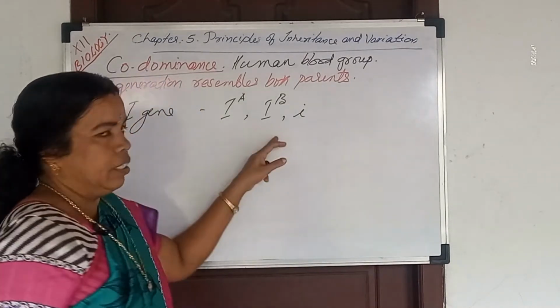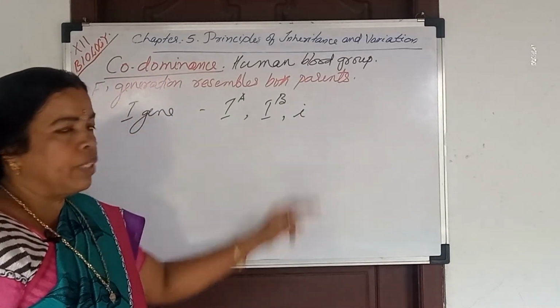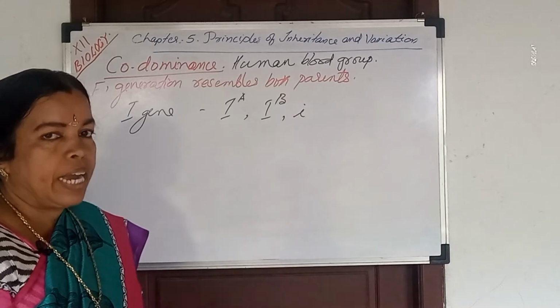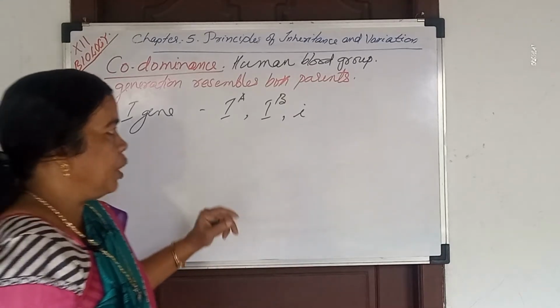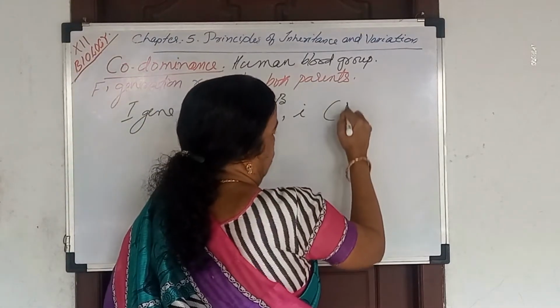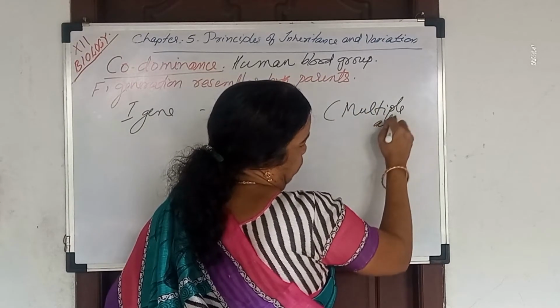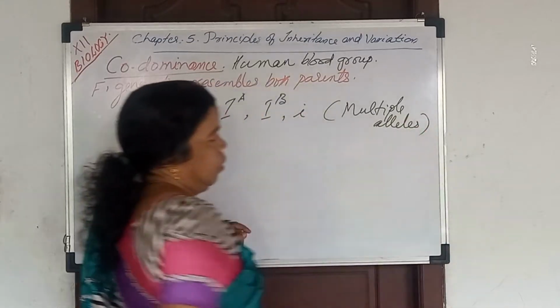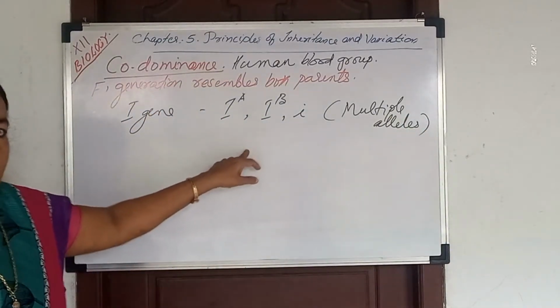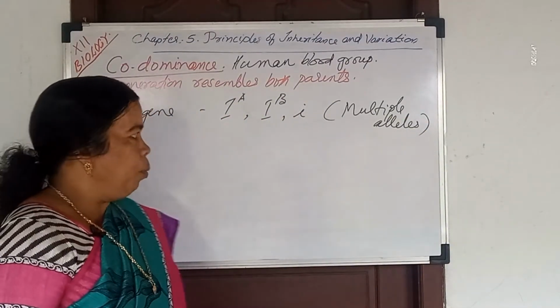So three alleles, that is more than two. Three alleles governing one character, that is blood group. So these are called multiple alleles. So it is the best example of multiple allelism also.